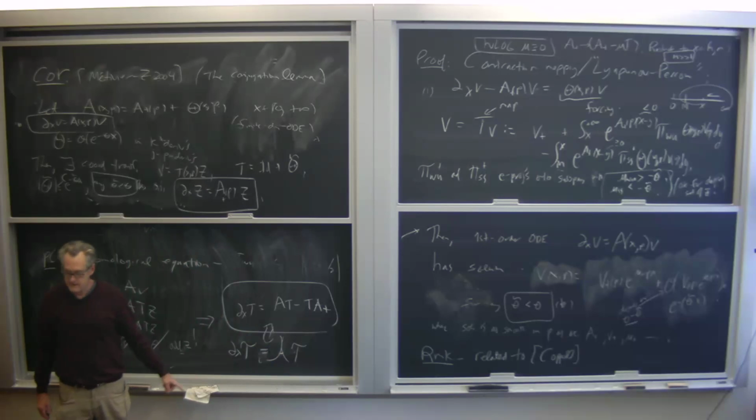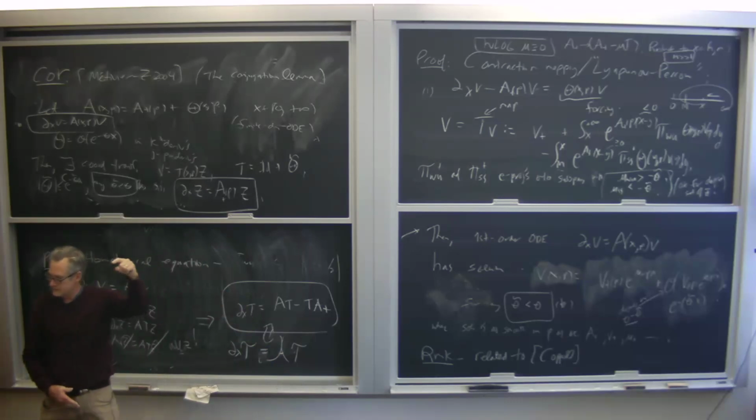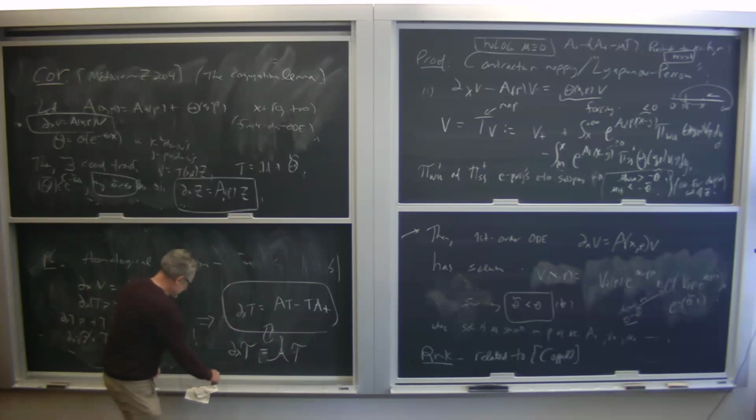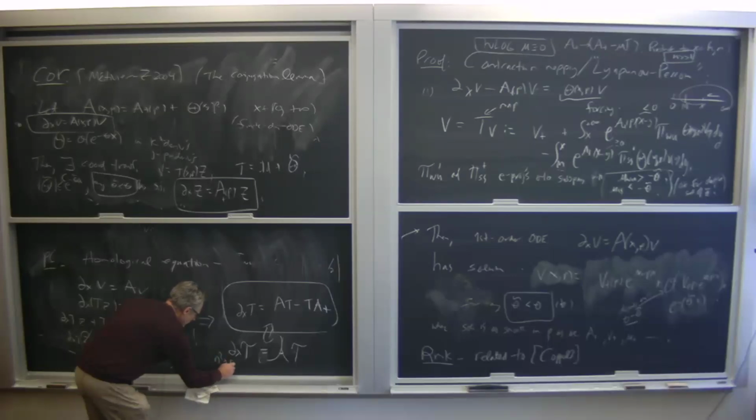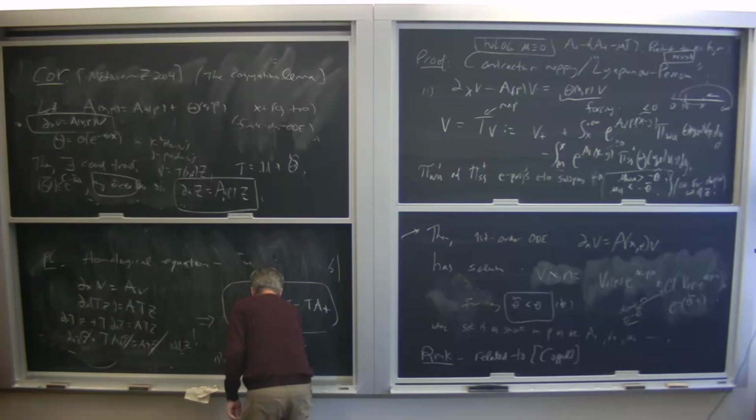But this T, I just take the columns of T and put them one after the other in a large column vector. So now I have n squared entries, an n squared by 1 vector, and this is an n squared by n squared matrix operating on it.